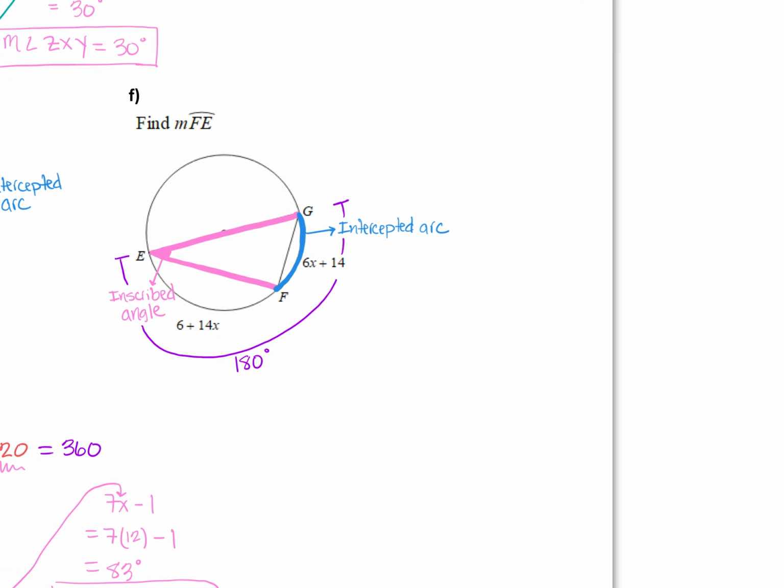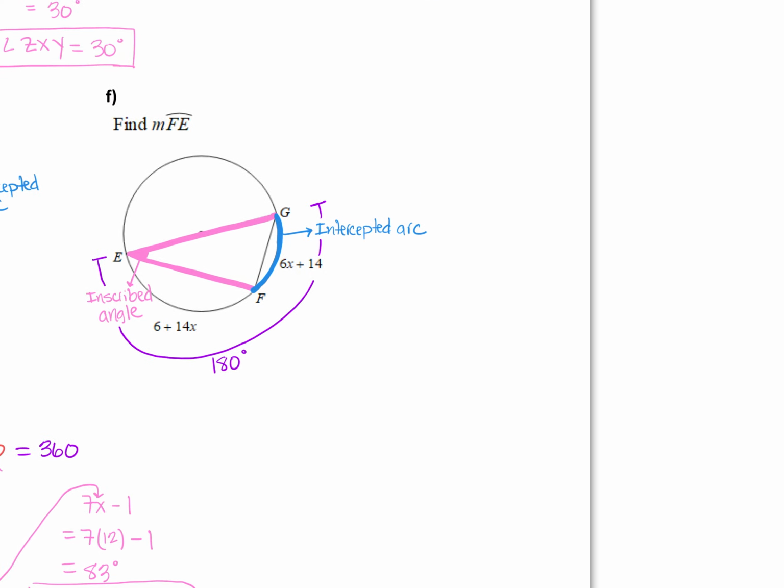And for this last example on this page, notice that there's no information given for our inscribed angle, so we're not going to really use that piece of information since nothing's given to us. Instead, notice that the intercepted arc plus this arc go halfway around the circle, and so those two arcs together equal 180 degrees.